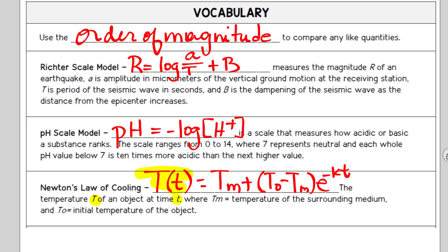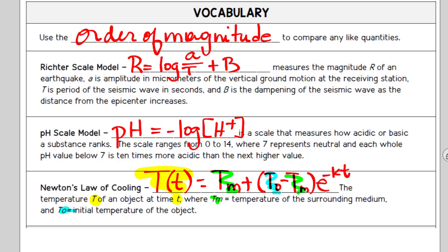Temperature of an object at time t, where T sub m equals the temperature of the surrounding medium. So that's what we've got right here, T sub m. And T sub 0 is the initial temperature of the object.